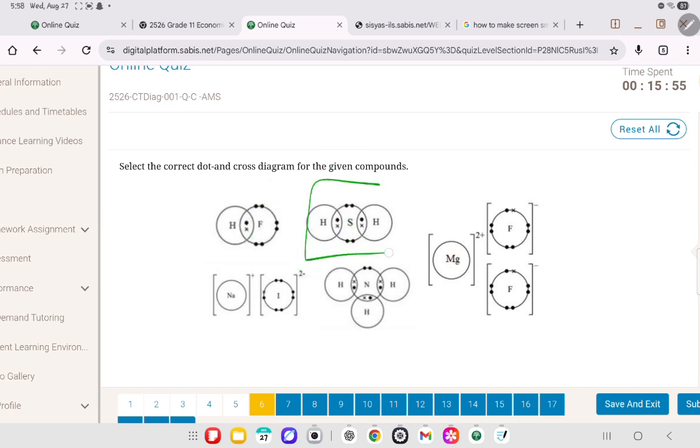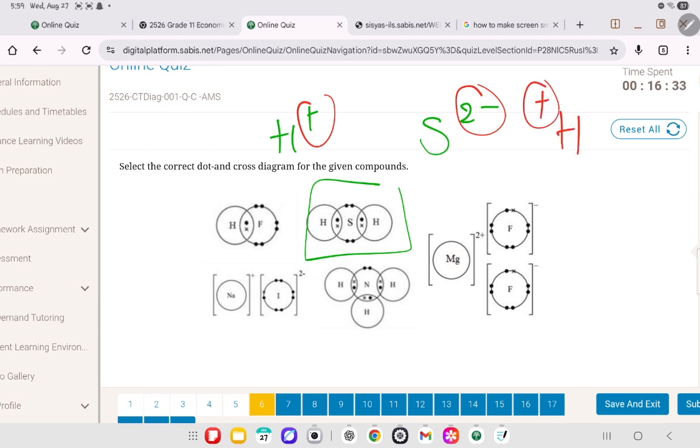Now let's do the SH. So again, let's take their ions. H is H plus, and S is S2 minus. You guys by now should know the ions totally by yourselves. So what does this mean? This means that hydrogen has only one electron to share, whereas sulfur has 2 electrons to share. So in this case, they got another hydrogen.